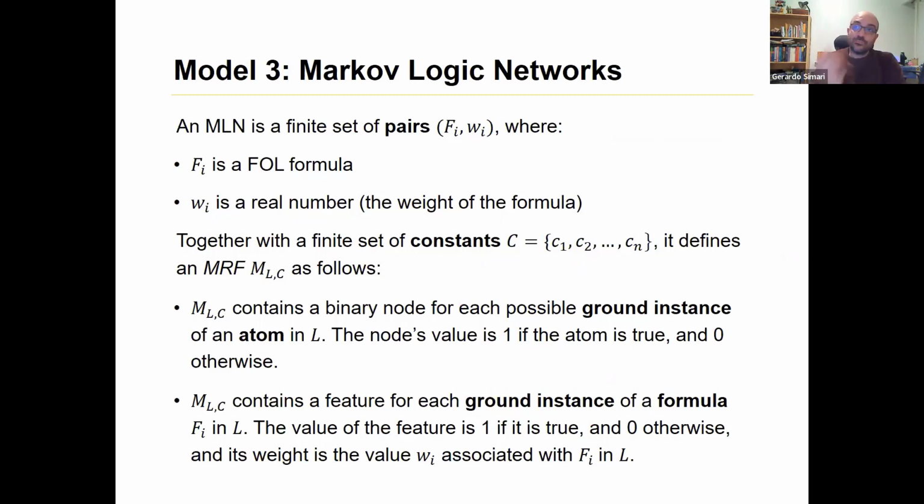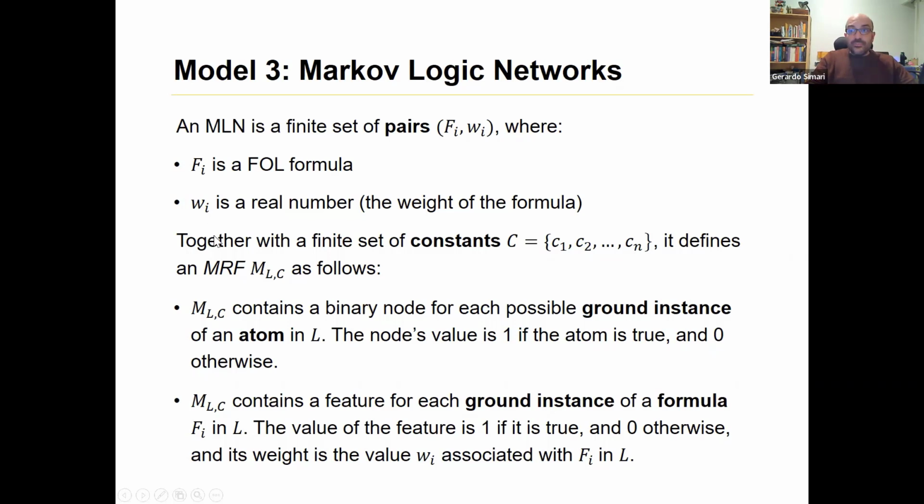We'll come back to this immediately because the next model that we're going to cover is Markov Logic Networks. An MLN, also commonly referred to as just Markov Logic, is a finite set of pairs Fi, Wi, where Fi is a first order logic formula of the kind that we saw in last week's lecture, just a regular formula, and the Wi are just real numbers, the weights.